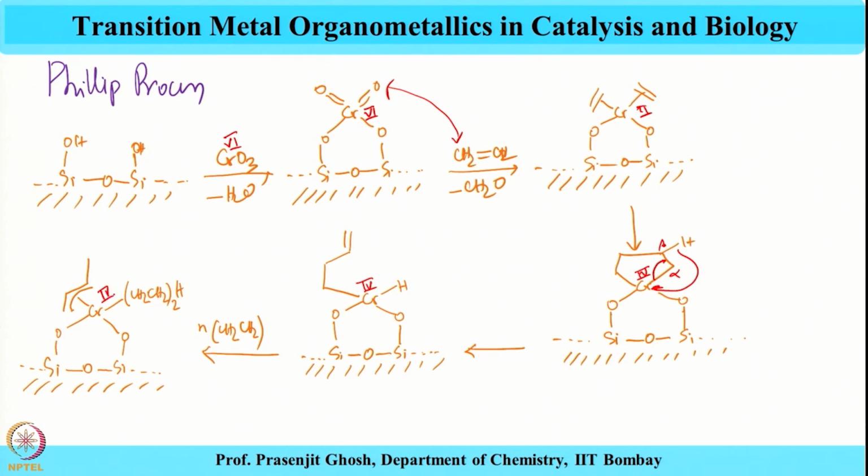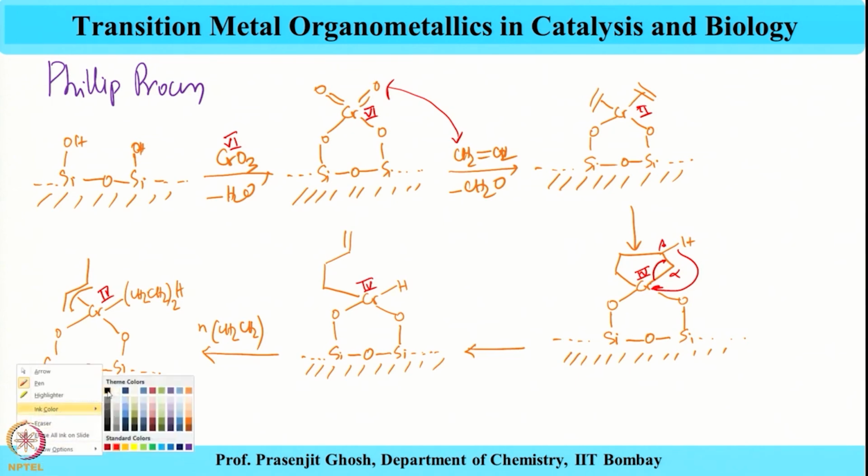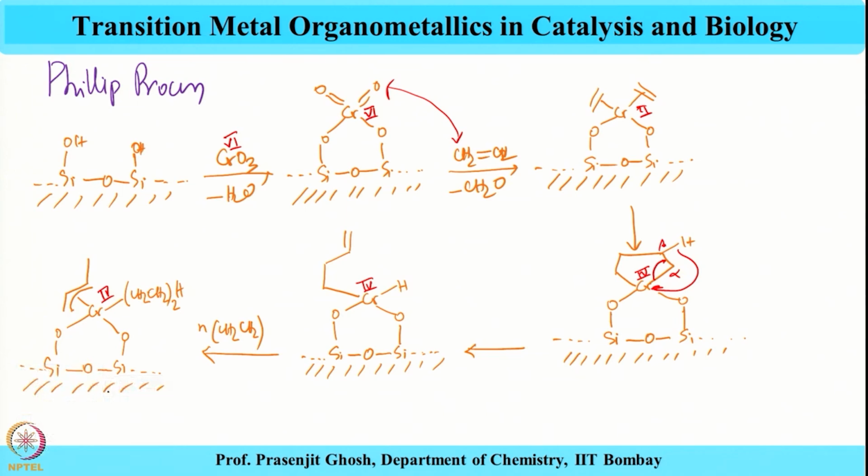So, the take home message from this mechanism is that the oxidation state of chromium initially was chromium 6, that changes to chromium 4, then goes to chromium 2 and comes back to chromium 4, and after that it is chromium 4 all the way.